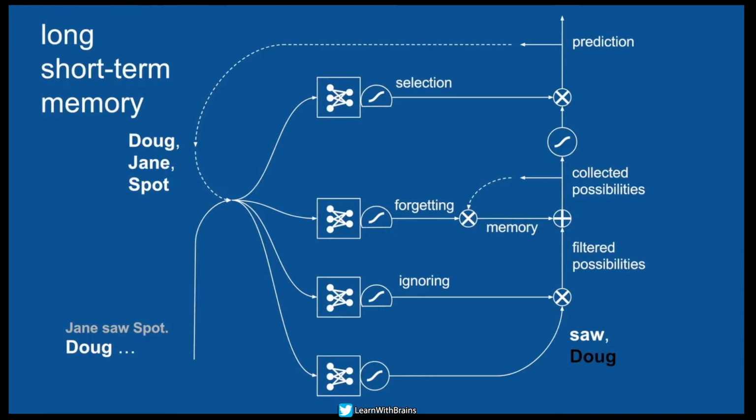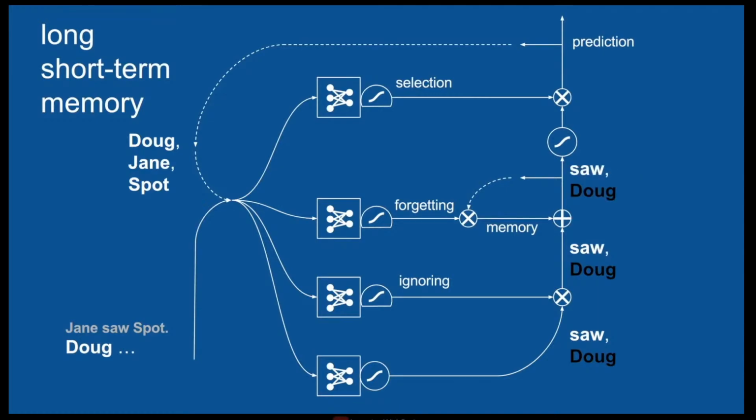This example is so simple we don't need to focus on attention or ignoring, so we'll skip over it for now. And this prediction of saw, not Doug, is passed forward. And again, for the purposes of simplicity, let's say there's no memory at the moment, so saw and not Doug get passed forward.